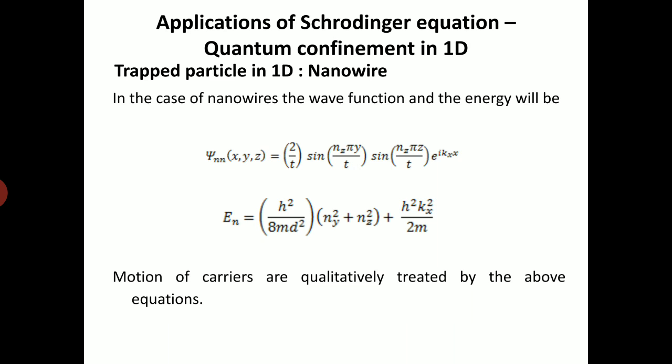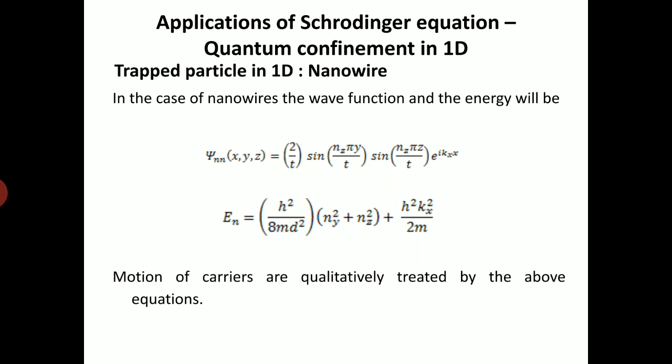The corresponding energy values can also be obtained by solving the Schrödinger wave equation. The energy corresponding to this wave function is E_n = h²/8md² (n_y² + n_z²) + h²k_x²/2m.